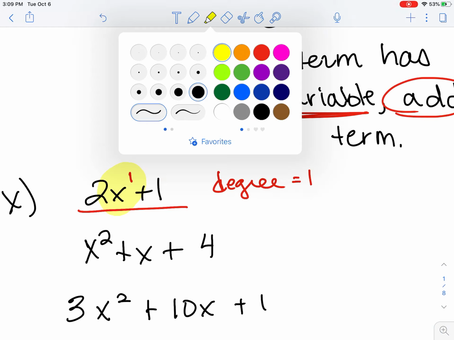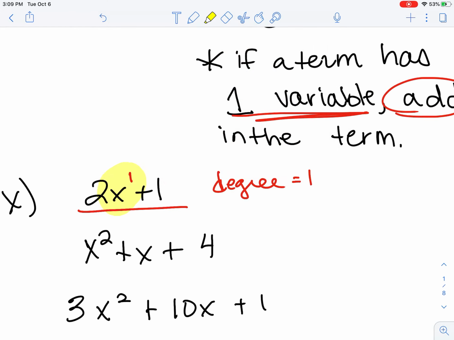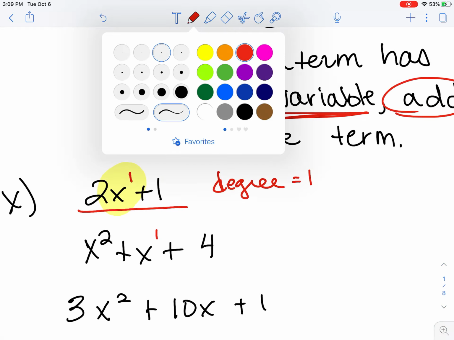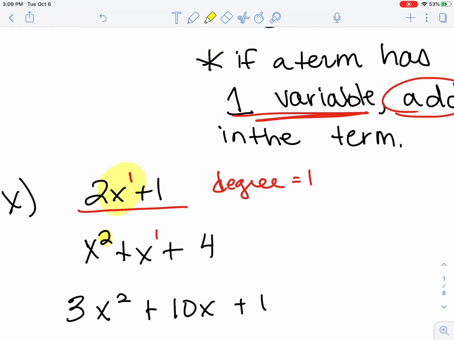Same thing here. We're going to compare our exponents. We see exponents here of 2 and 1. So the degree is the biggest exponent on a single term. So here's a term, and here's a term.